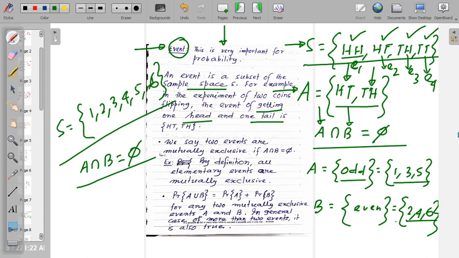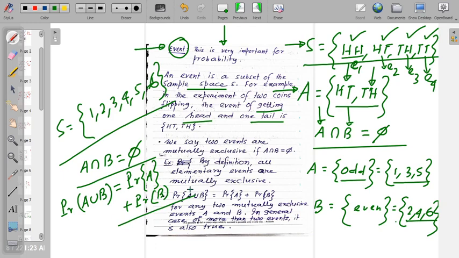Okay. So now, for any two mutually exclusive events, they have no common elements. Then the probability of A union B, as there is no common element, we can define as the probability of A plus the probability of B. Either A will be happening or B will be happening.